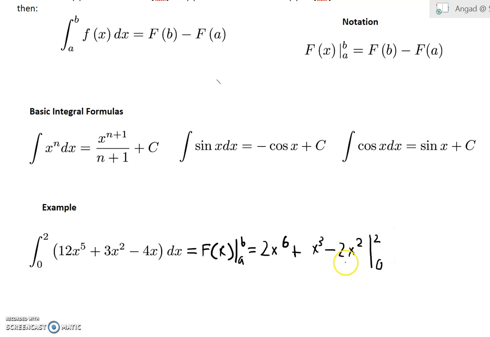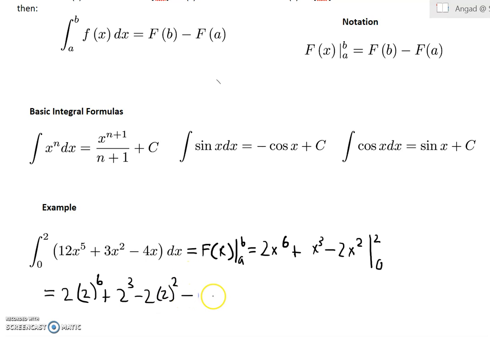And so now what we need to do is plug in our a and b values into our F of x antiderivative, and by doing that we will be able to determine the solution to this problem according to the FTC. So this is going to equal 2 times 2 to the 6 plus 2 cubed minus 2 times 2 squared.